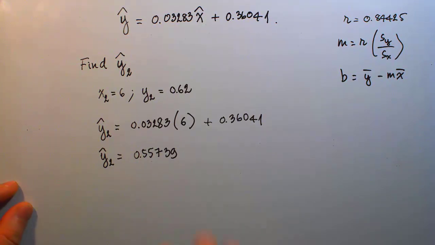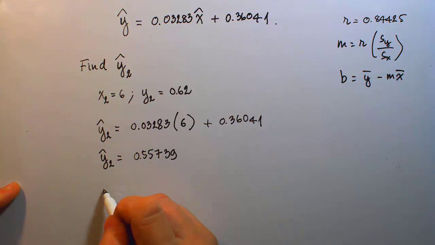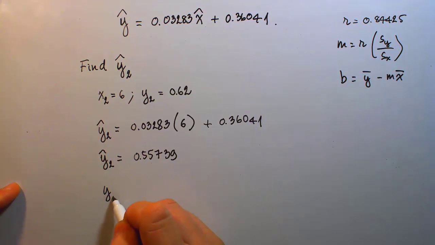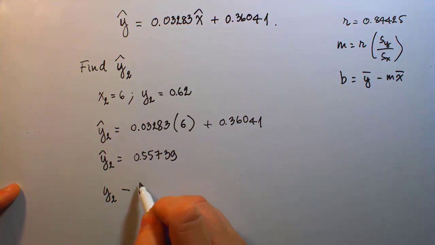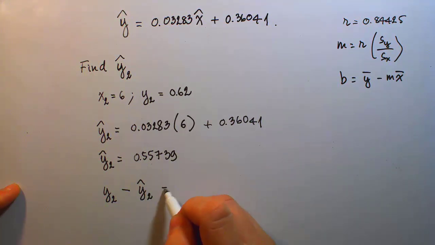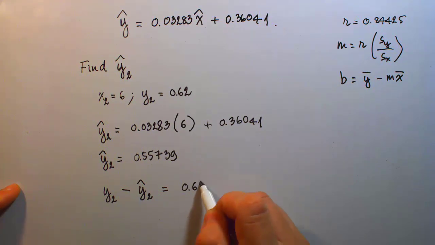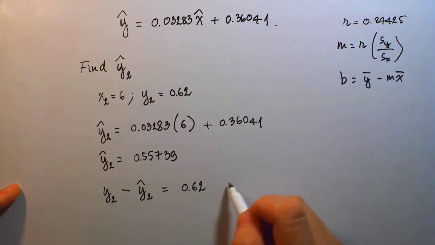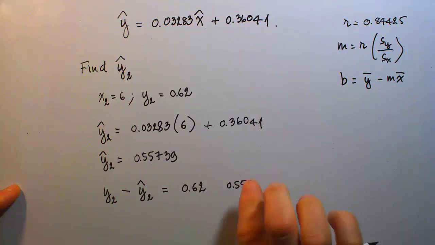The next thing I'm doing for y hat 2 is I am going to consider the difference between y2, the observed value at data pair number 2, minus the predicted value y hat 2. The work here turns out my y2 being 0.62, my y hat 2 is 0.55739.